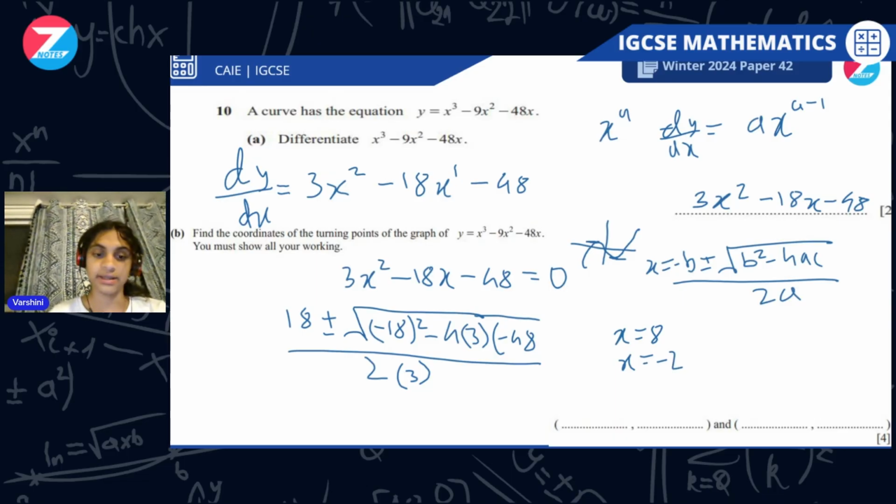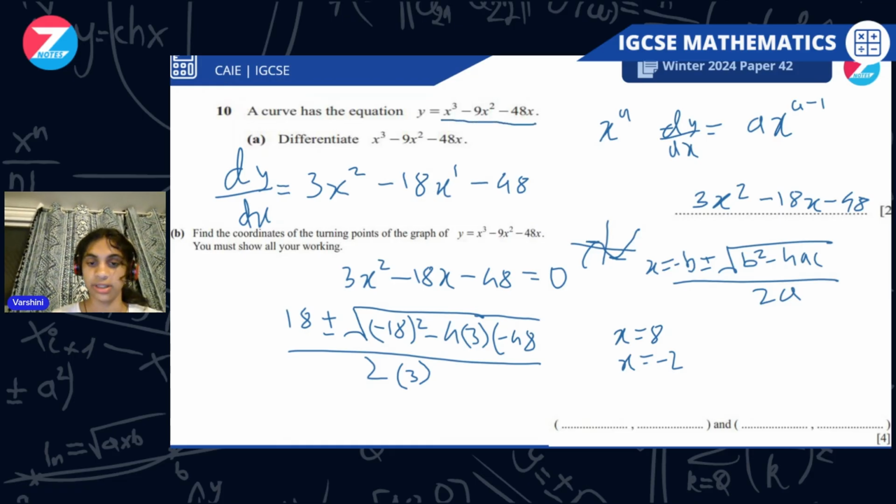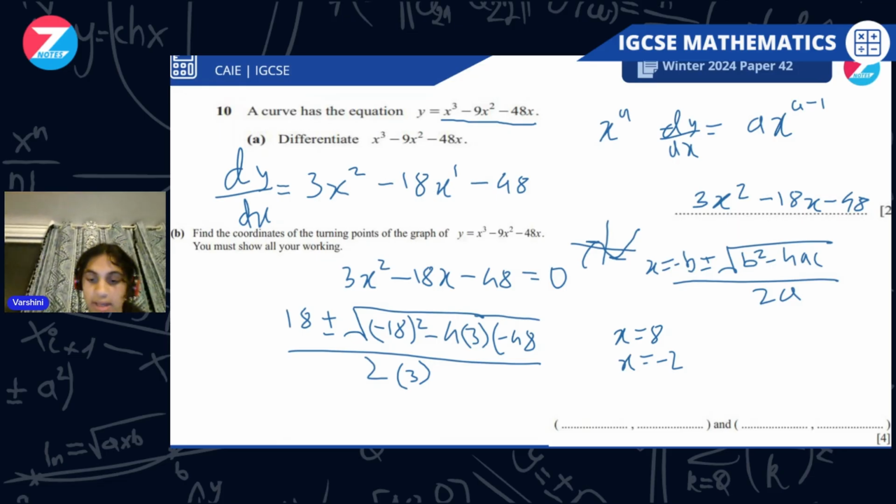Now to find the y points, all we have to do is substitute these back into our original equation. Remember, the original equation, not the differentiated one, because we want the y points. Just put 8 and minus 2 in there.